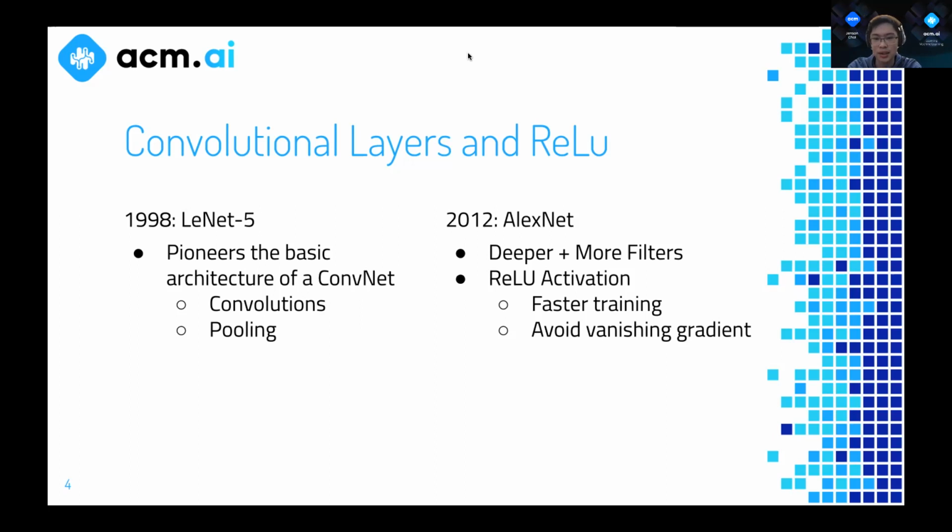And AlexNet also introduces the ReLU activation, which enables faster training because the gradient of ReLU is pretty easy to calculate, and also avoids issues like vanishing gradients, which is especially problematic for a deeper architecture like AlexNet.